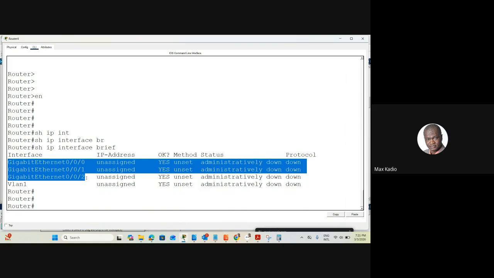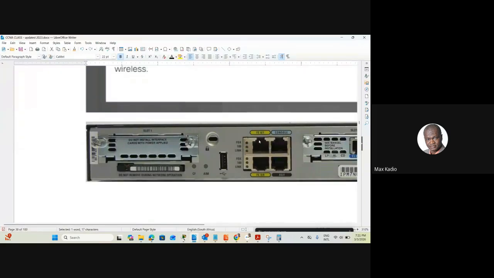Gig Ethernet, you see these ones in yellow. Fast Ethernet or Gig Ethernet. Fast Ethernet is not too fast, but Gig Ethernet is faster. So it can be Fast Ethernet or Gigabit Ethernet.